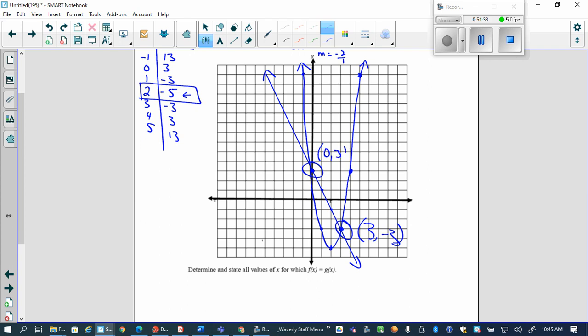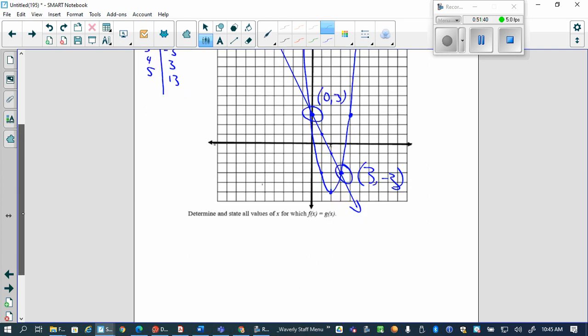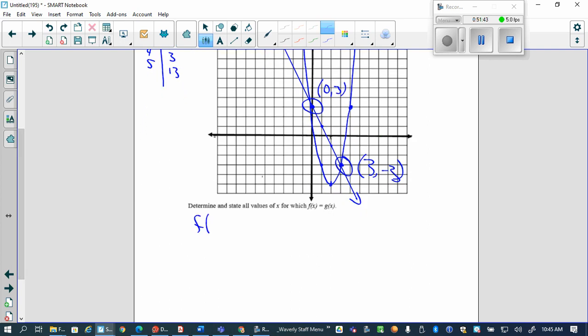So to answer this, we will say f of x equals g of x at 0, 3 and 3, -3, where they intersect. All right. Okay, that was the last one.